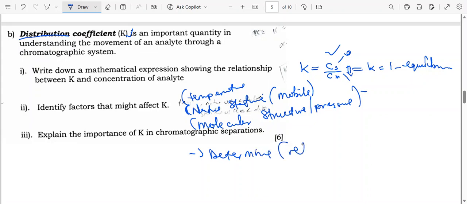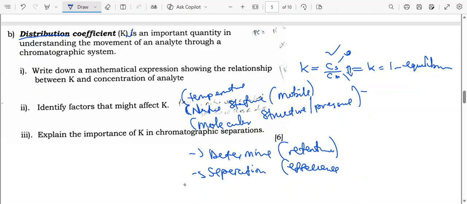We are there to measure the retention time. Those are the data we collect after the procedure. The other thing is separation efficiency. Was the separation effective? Those are the things you have at the end, so you look at those parameters.